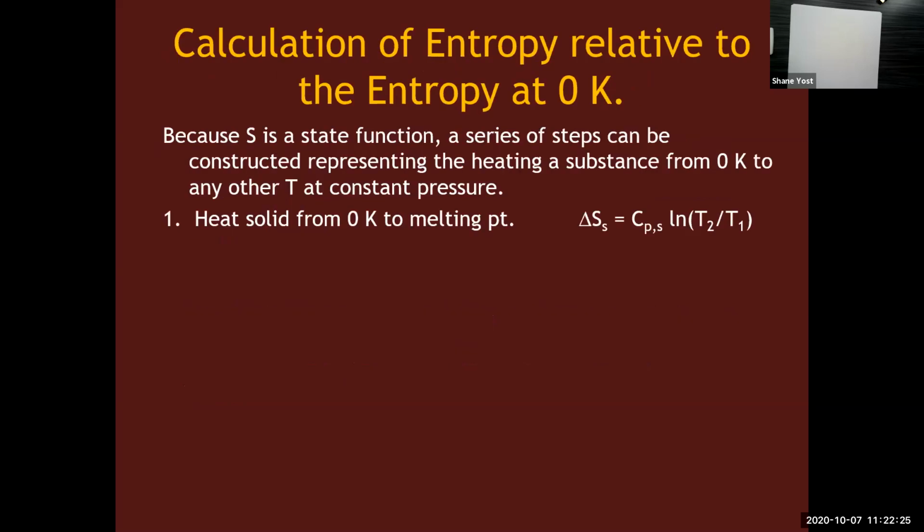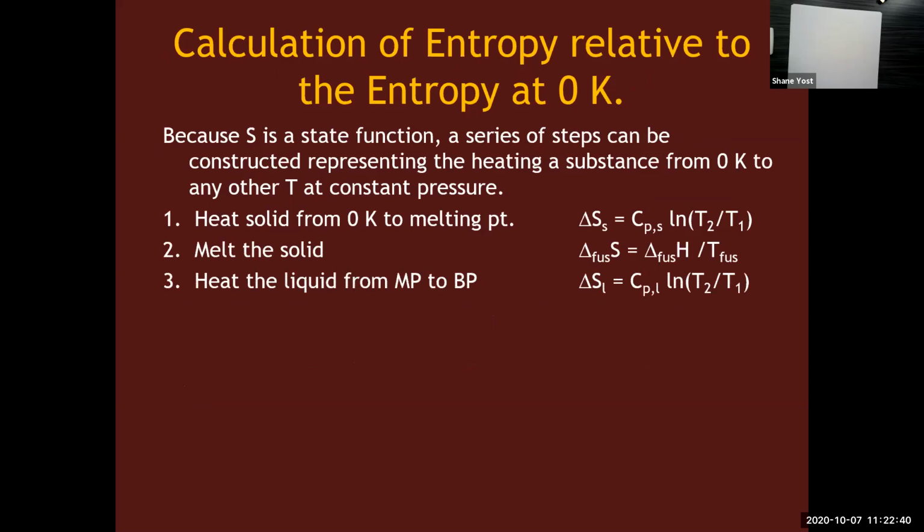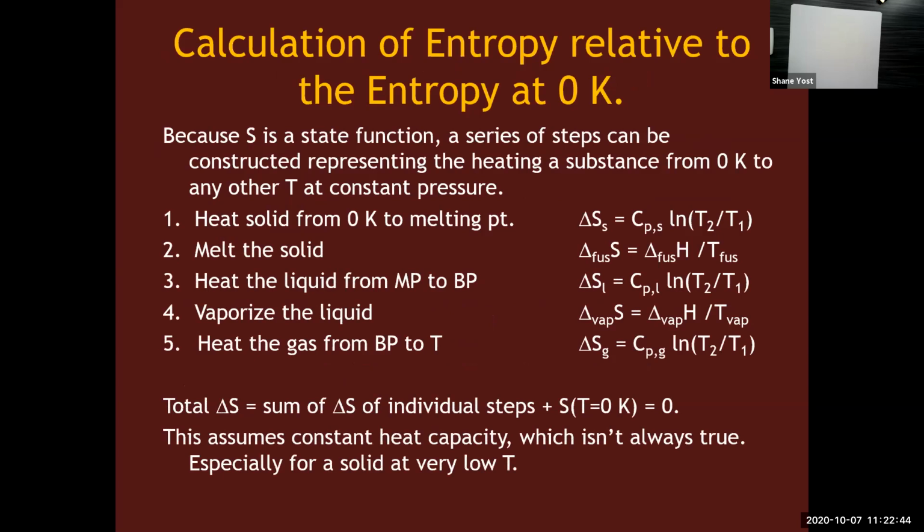If I wanted to get the entropy of some substance, I could imagine heating the solid from 0 Kelvin to its melting point, then melting the solid to a liquid, heating that liquid to its boiling point, vaporizing the liquid, and then heating the gas from its boiling point to whatever final temperature it is, to get the total entropy of my gas.